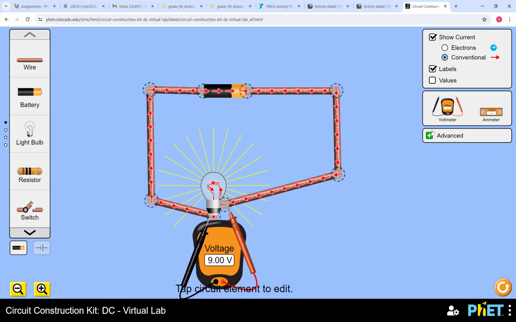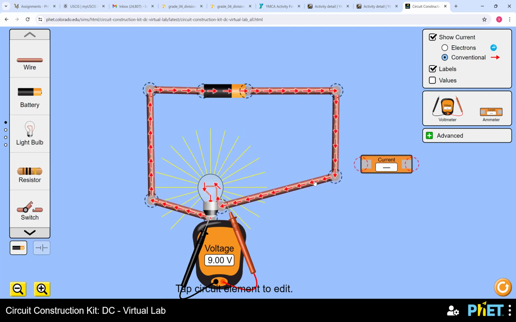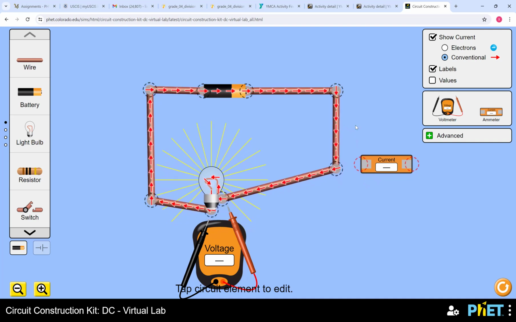After that, what we do next is we are going to add an ammeter to the circuit as well. You can see there's an ammeter sign here. The ammeter should be added in series, not parallel. I'm going to add my ammeter first.